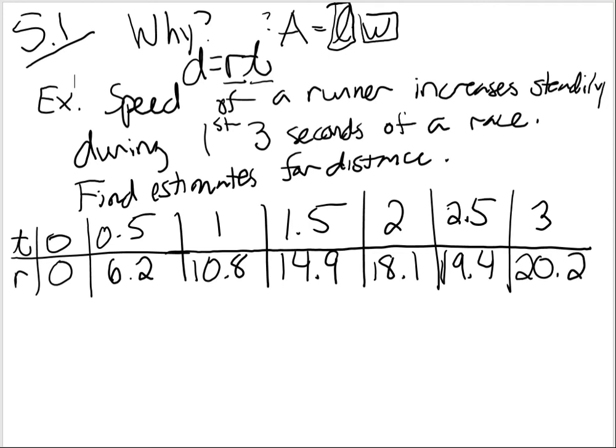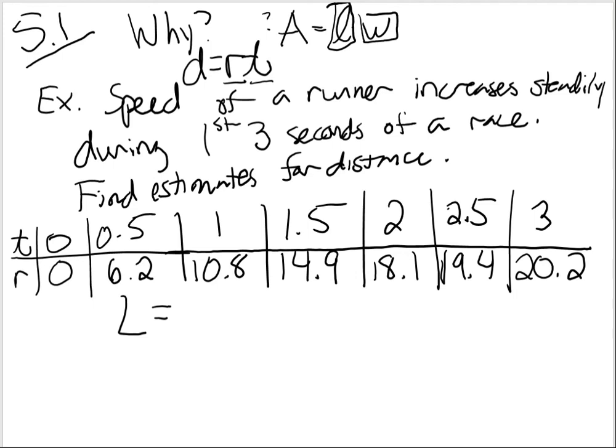Okay, so it's giving you this table, and it's saying, we know D equals RT, so because it's multiplication in that sense, we could use the idea of area that we've been using for approximating to find estimates for the distance.